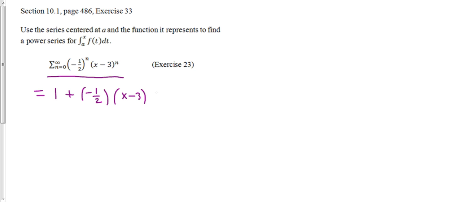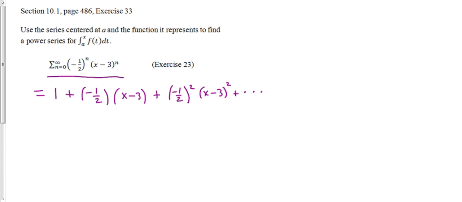The n equals 2 term is going to be (-1/2)^2 times (x minus 3)^2. And of course, this is going to go off to infinity following this pattern.